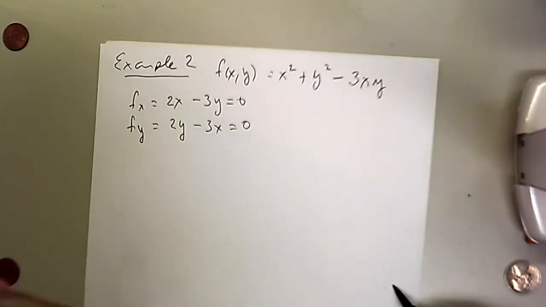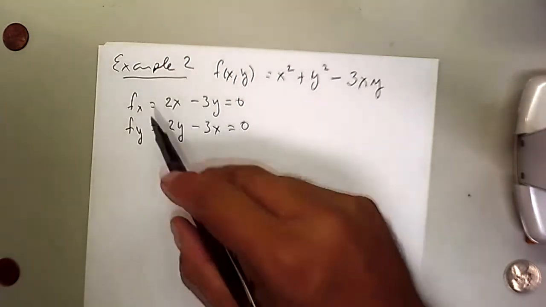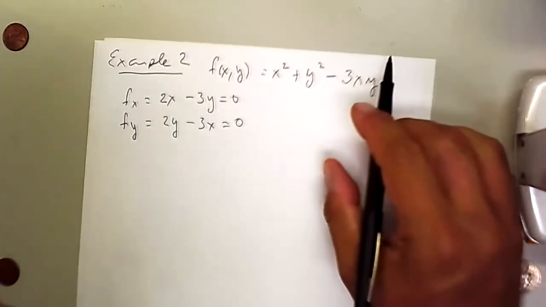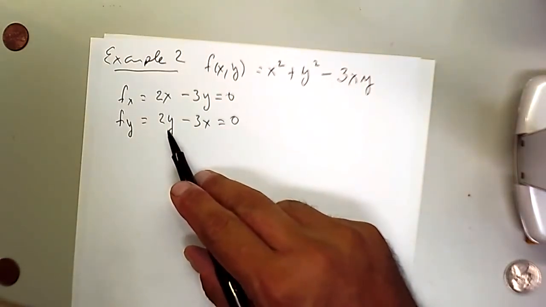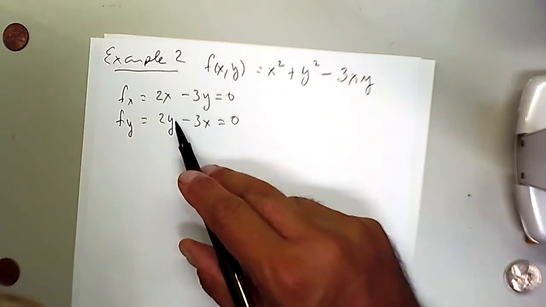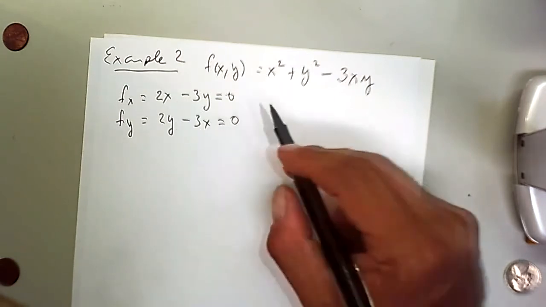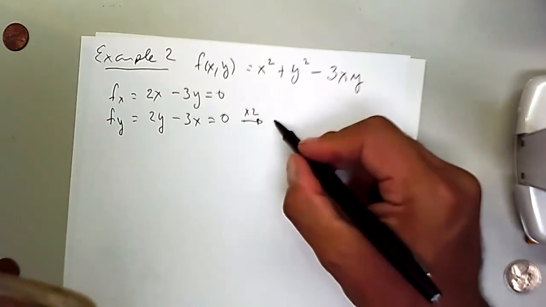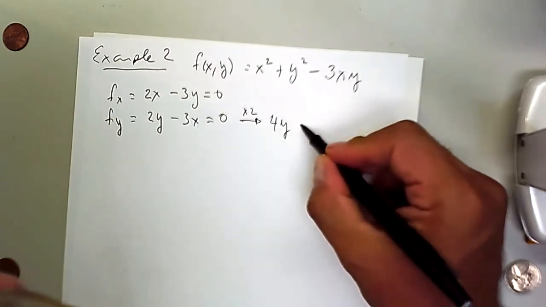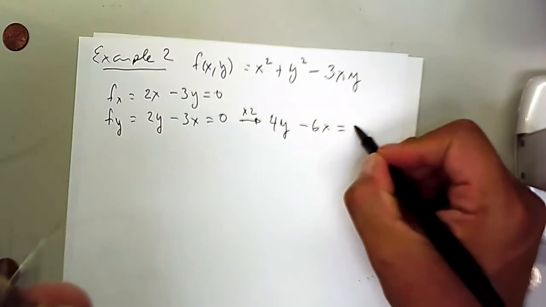How do we figure out what x and y should be so those two happen at the same time? Just as we did with the previous one, we can eliminate. Multiply this one by 2, and we get 4y minus 6x equal to 0.